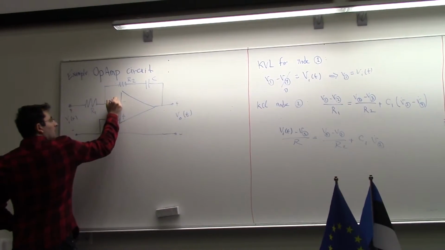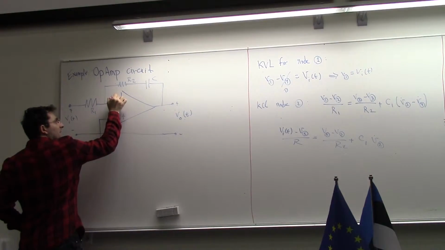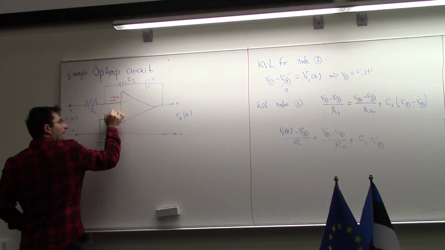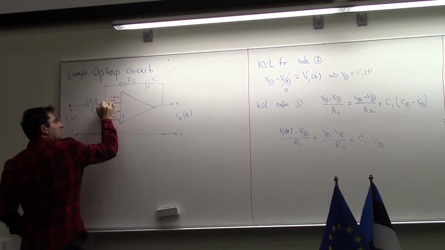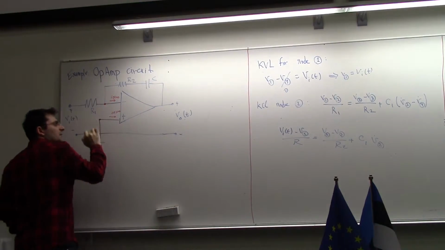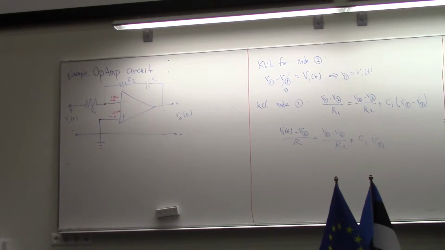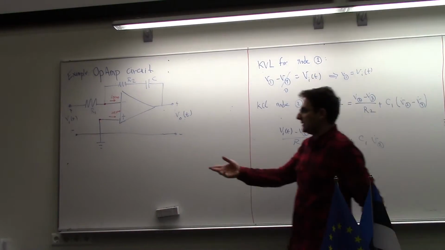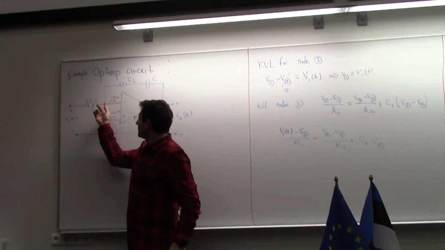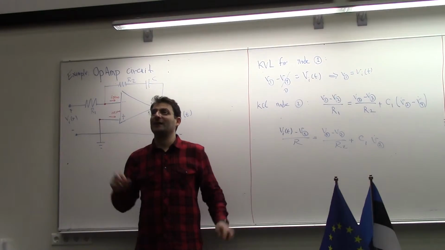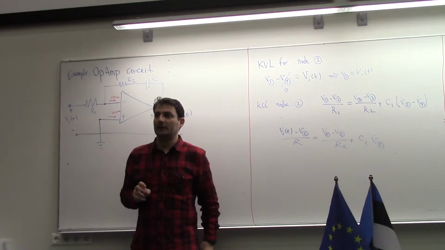We know I(t) here is 0. We know that these two have the same voltage, which is equal to 0. Why? Because this is grounded, so it means that this is also virtually grounded, right?